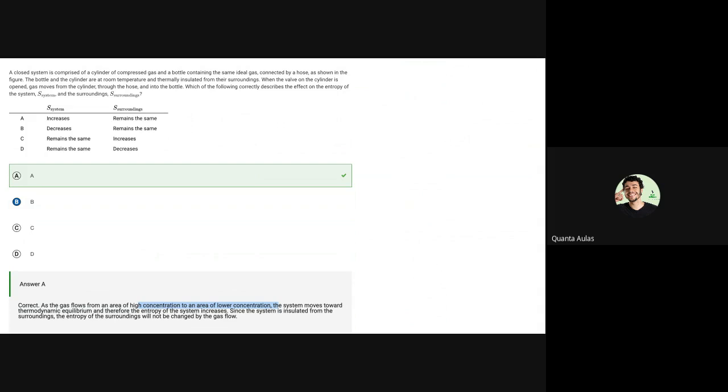If you increase the entropy in your home, in my home it doesn't change. Why? Because mine is isolated from your home, because it's very far. So in this situation, the same thing. Okay, I understand.